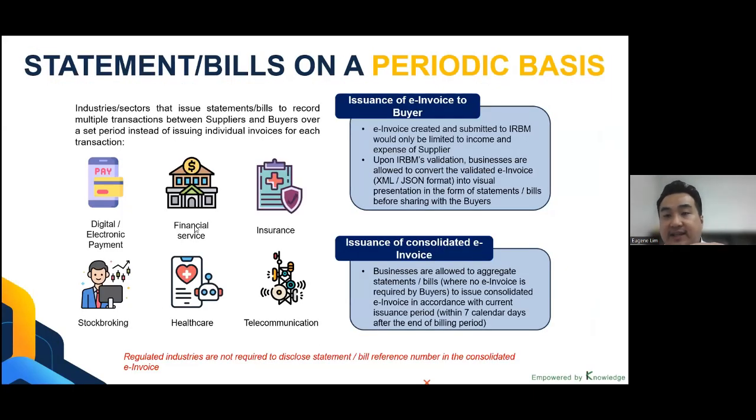Then insurance, those things, the same will be prepared as an e-invoice to you. So when you have insurance, you need to take care. You need to request the e-invoice from the insurance company to prove your tax relief in the coming future.